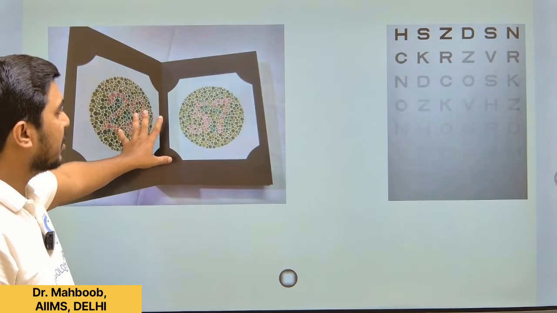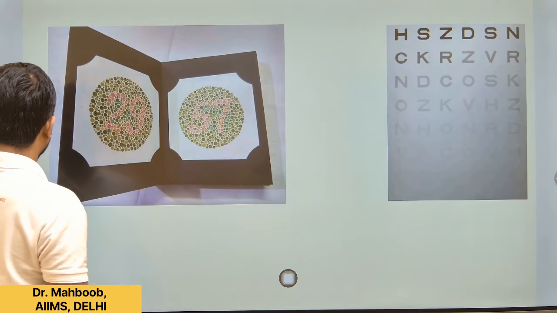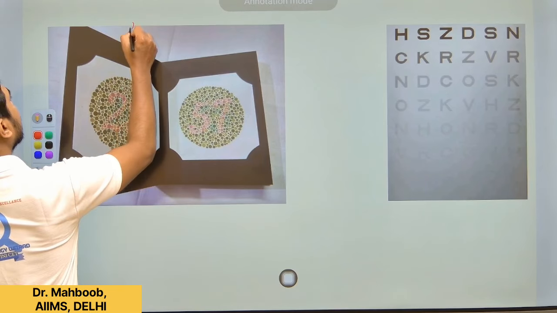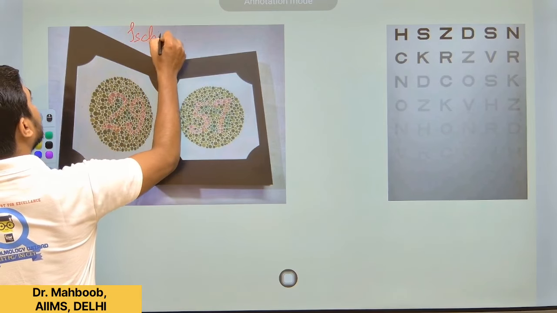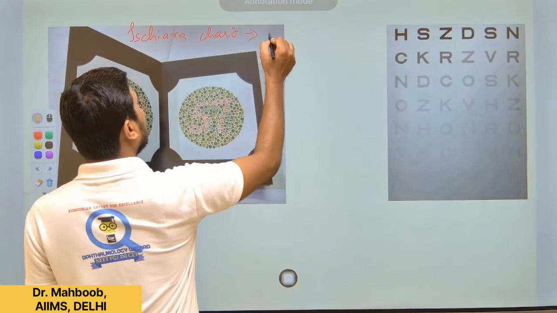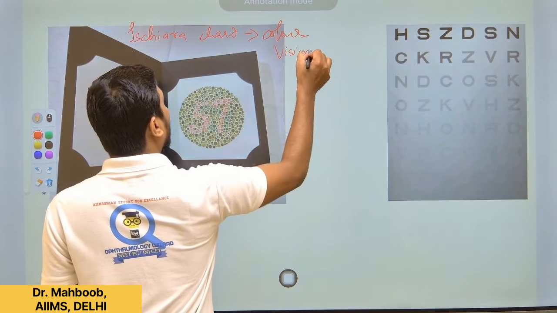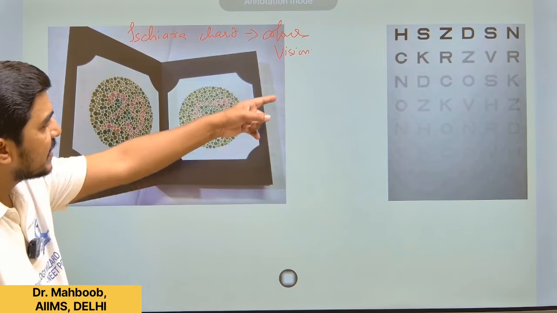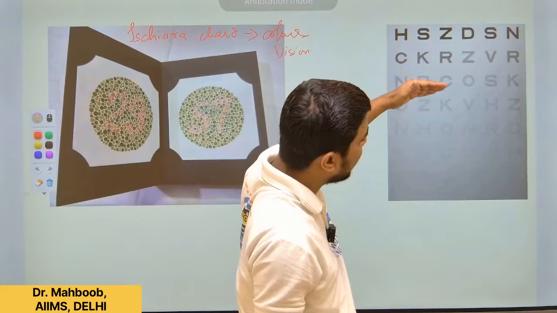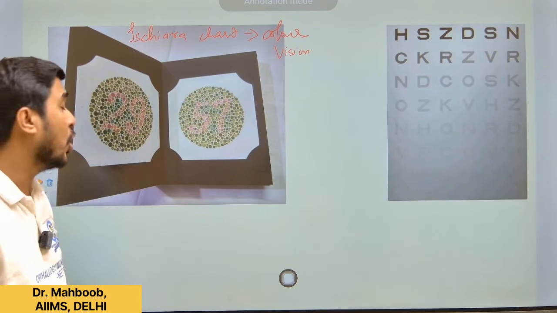What is this chart? This chart is very famous. Ishihara chart. It is used for color vision. What is that chart? You see, the bold black letter is fading gradually. That means the contrast of the letters is going down.